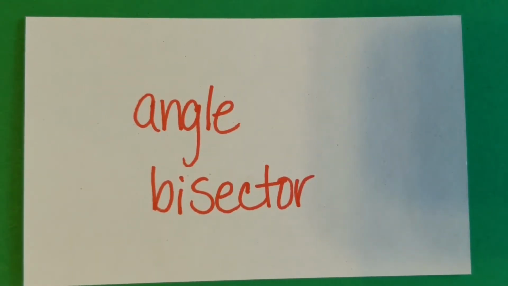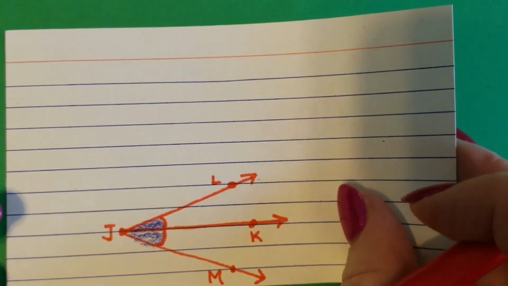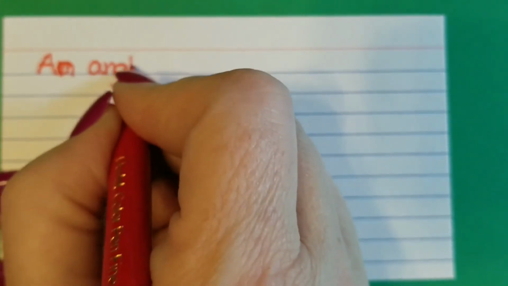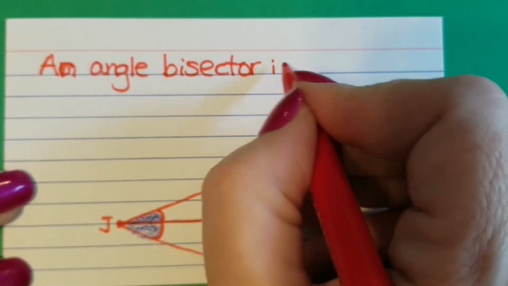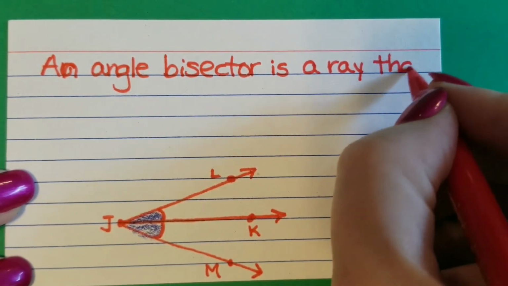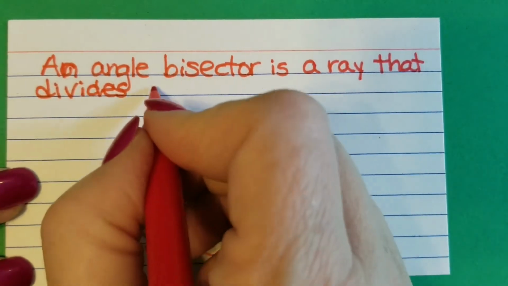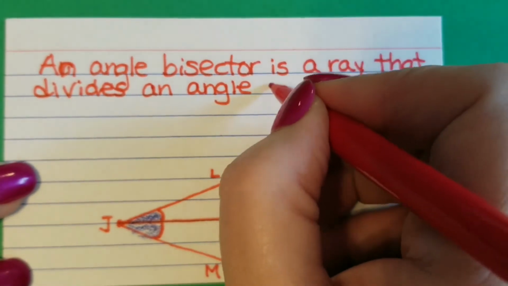We learned earlier that a bisector of a segment divides a segment in half. An angle bisector is going to divide an angle in half. So the words that we're going to use to say that: an angle bisector is a ray that divides an angle into two congruent angles.